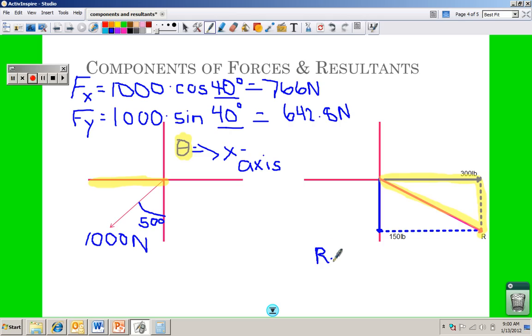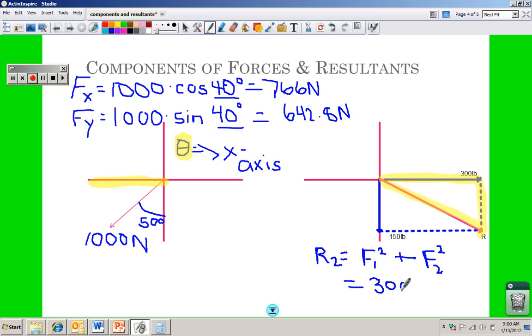R squared equals F1 squared plus F2 squared.